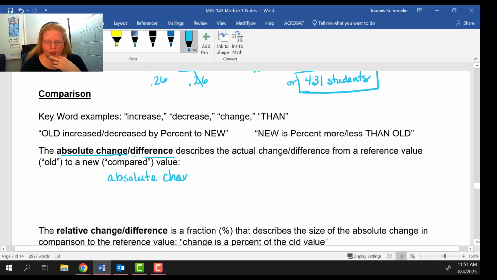Absolute change has a formula, and absolute difference has a formula. They are not the same formula. I know you're wondering if you have to memorize them. You no longer do.